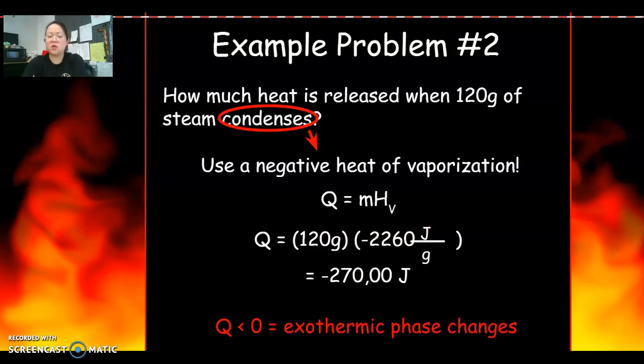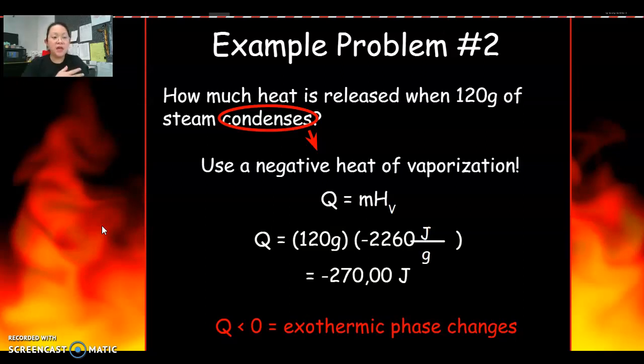It's going to be exothermic. A quick way I remember the difference between exo and endo is exothermic sounds like exit. So the heat is exiting your system, and so it's going to be a negative number because it is leaving. On the other hand, for endothermic, the beginning of the word sounds a lot like the word enter. So the heat is entering the system, and so it is being absorbed. And that results in a positive heat.